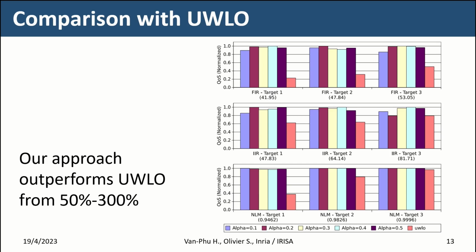In our approach, we parameterize alpha from 0.1, 0.2 up to 0.5. The graph clearly shows that our approach outperforms uniform work length optimization in terms of quality of the results for a given cost budget. We can observe that the solutions obtained by our approach with different values are always better than those obtained by uniform work lengths.